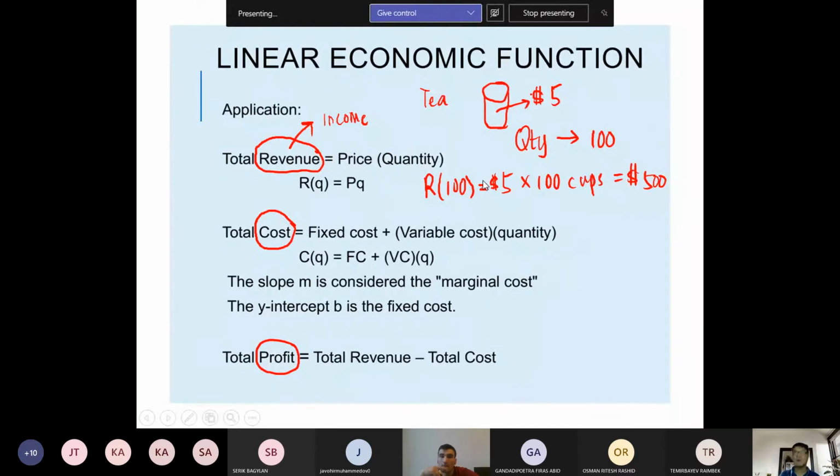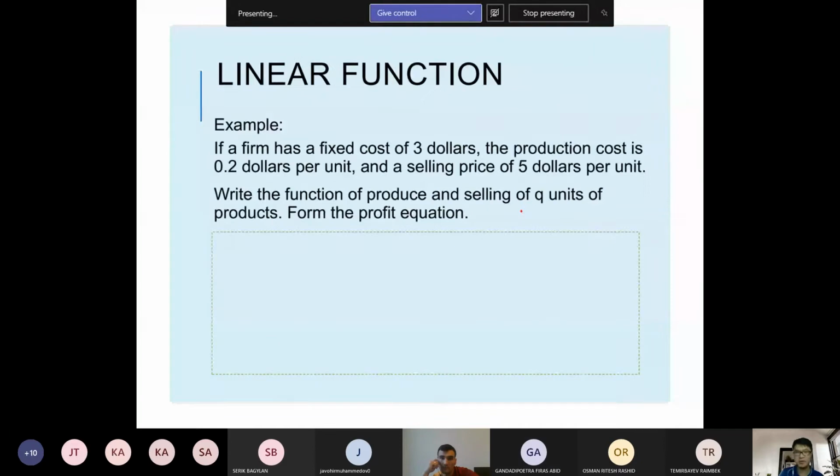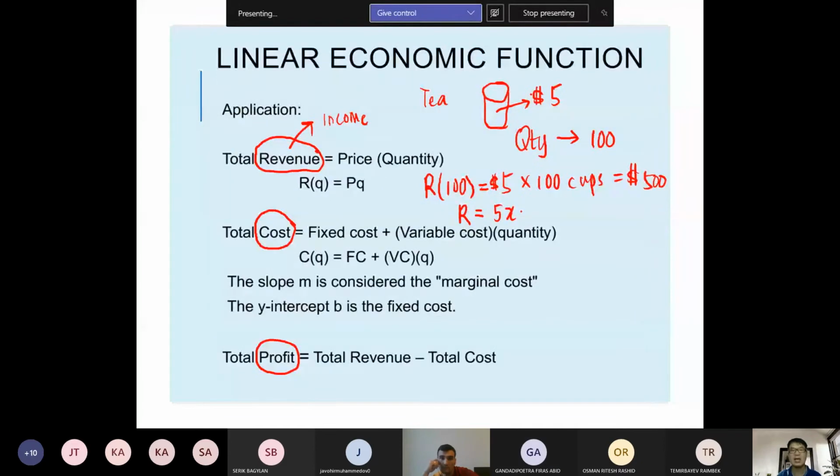Now, can you see here, this is actually a linear function. We have y equals mx plus c. What is the c here? We don't have it. Zero. Very good, we say it is 0. So this is a linear function.